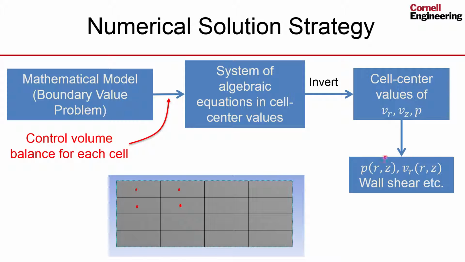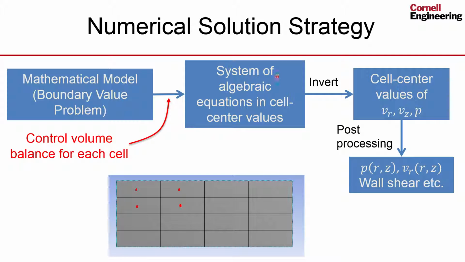And everything else is extracted from those cell center values. So for instance, if you wanted to know the pressure anywhere, you would interpolate between the cell center values. Similarly for velocity. For the wall shear, you have to interpolate and differentiate. And that whole process is, as we've talked about, post-processing.